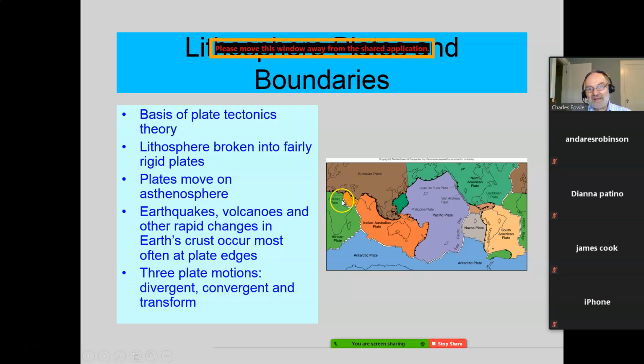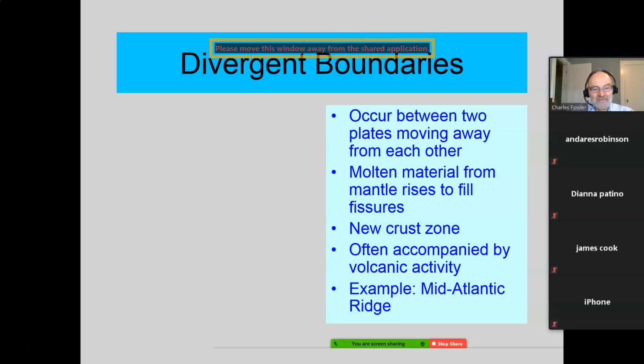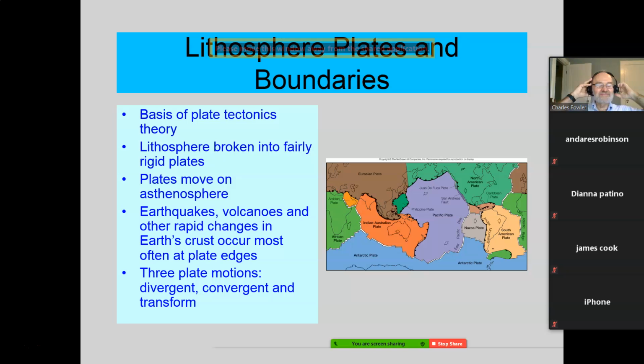Now this boundary down here, from ancient legends, tales, and truths, this is the Red Sea. That's actually a boundary that happens because of the two plates coming together.